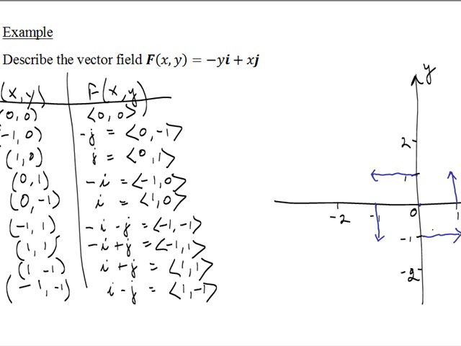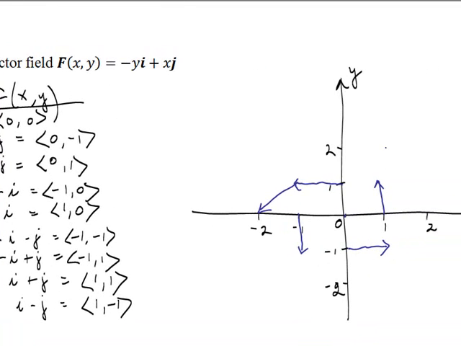At negative 1, 1, up there, you need to draw the vector negative 1, negative 1, so you do that. At 1, 1, you need to draw the vector negative 1, 1, so you do this.